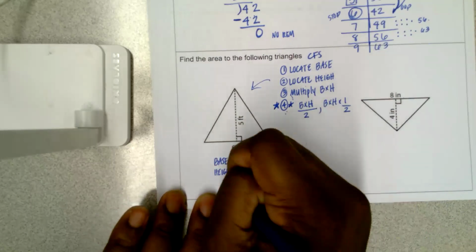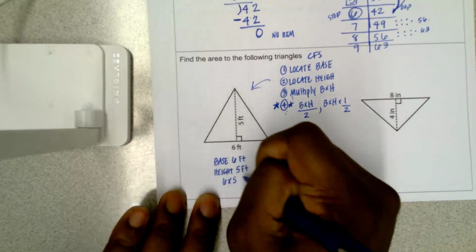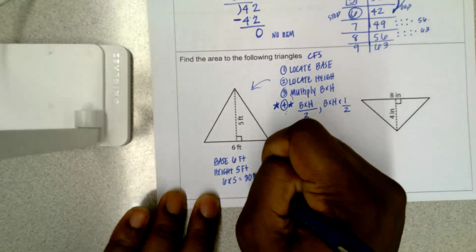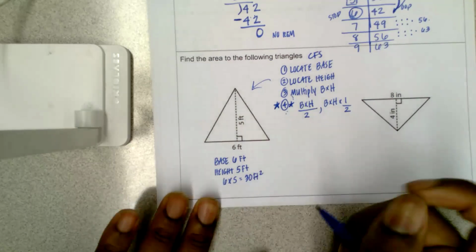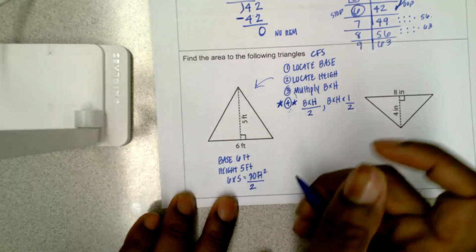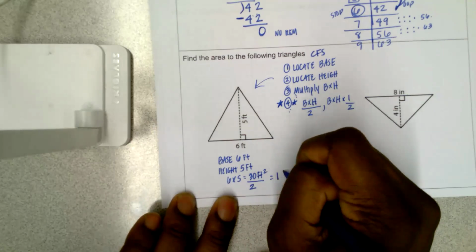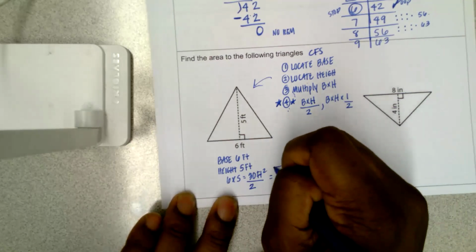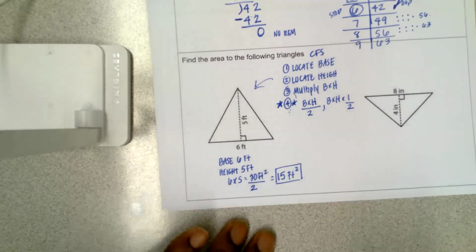I have to multiply 6 times 5, and 6 times 5 is 30 feet squared. And then I have to divide that by 2. And 30 divided by 2 is 15 feet squared. That's my answer.